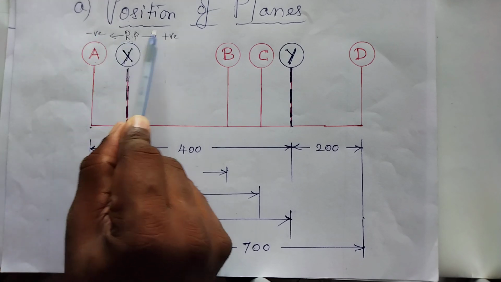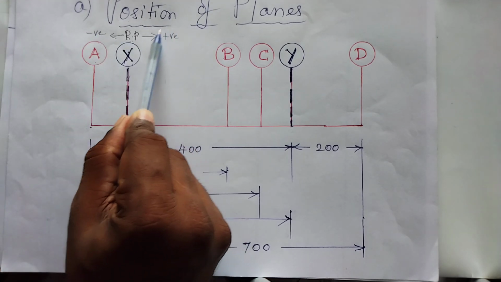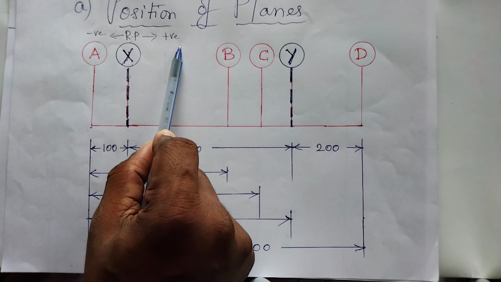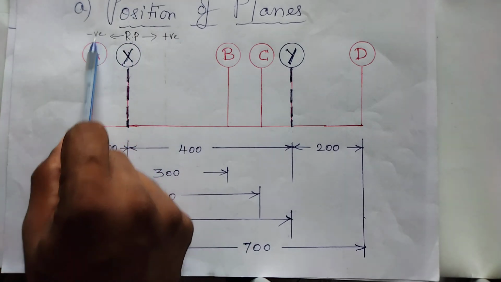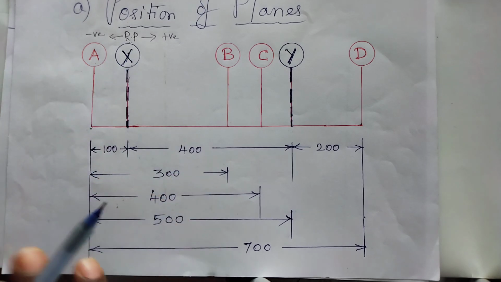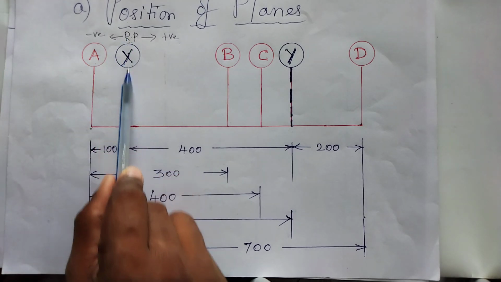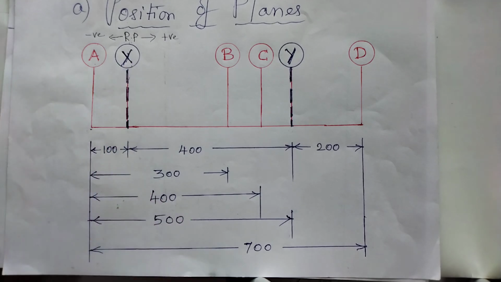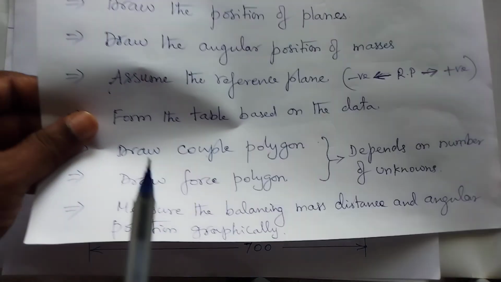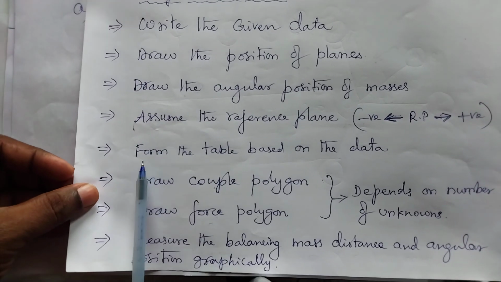From the reference plane to the right side you have to consider as positive. It is not that this should be the reference plane. You can assume this also as a reference plane, but for this example I have assumed this X plane as the reference plane.